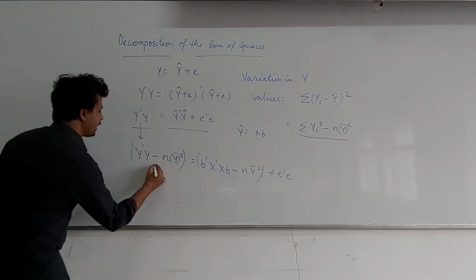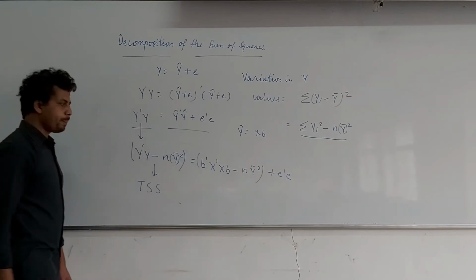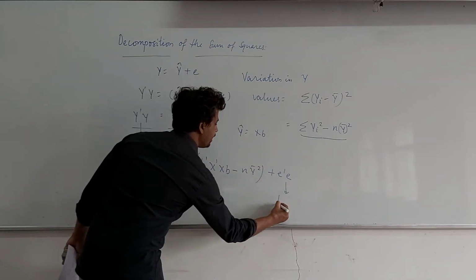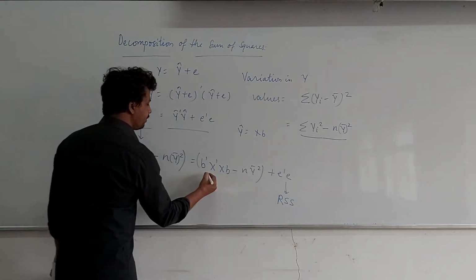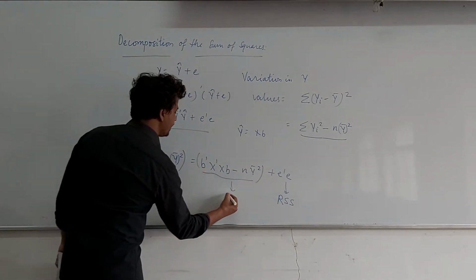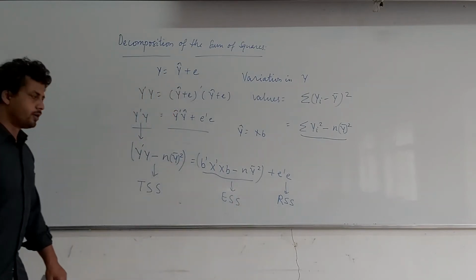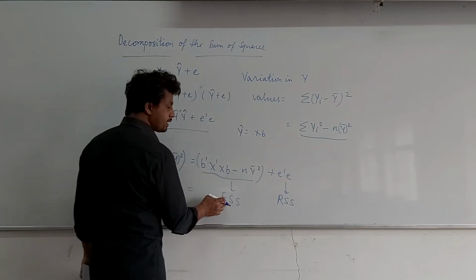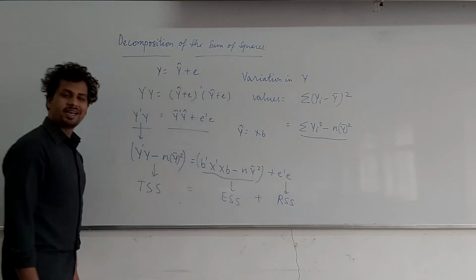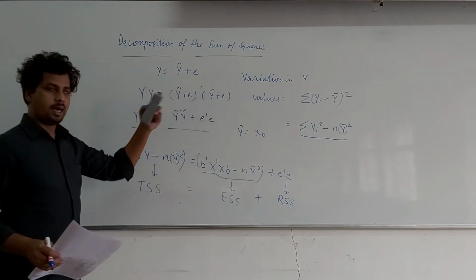So this becomes your total sum of squares, this is the familiar residual sum of squares, and this term here is called the explained sum of squares. So your total sum of squares equals explained sum of squares plus residual sum of squares. I'm sure it is clear to you.